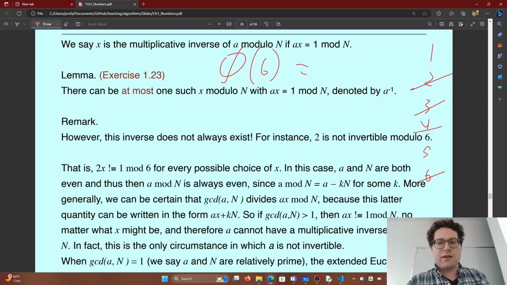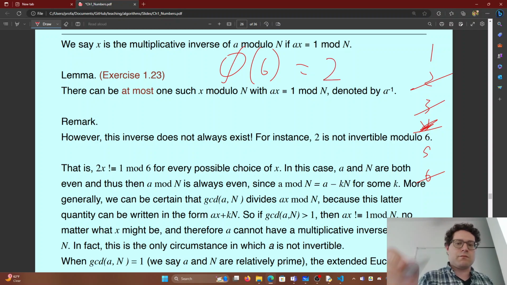And 4 is not coprime with 6 because they have a greatest common divisor, 2, right? 6 is coprime with 5 because 5 is a prime number, so 6 divided by 5 and 5 divided by 6 doesn't work out.